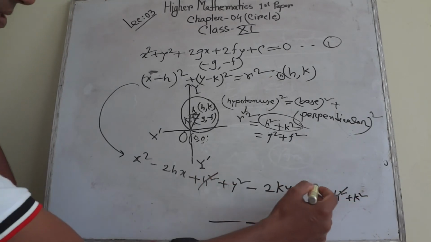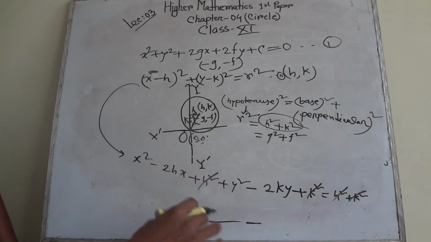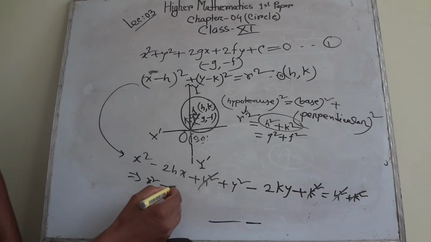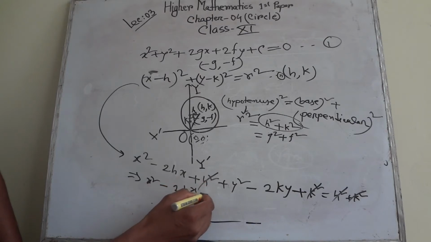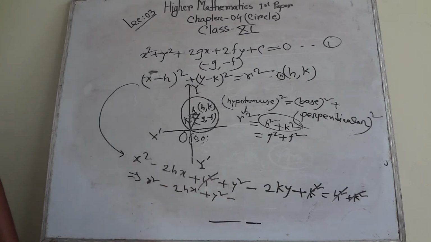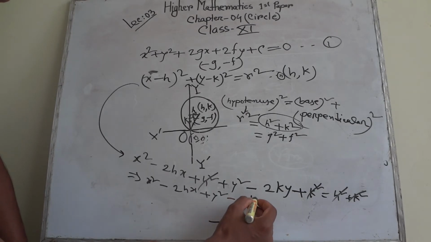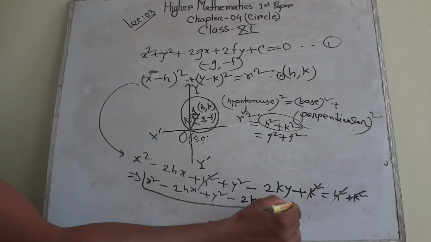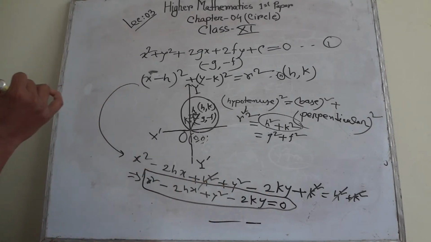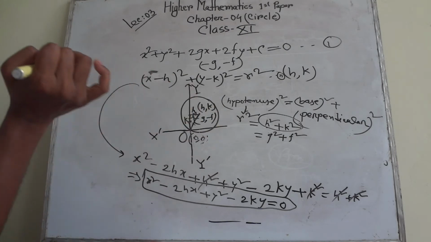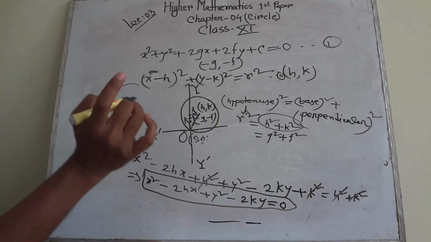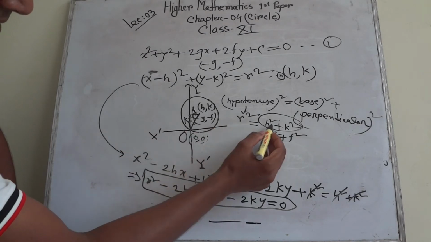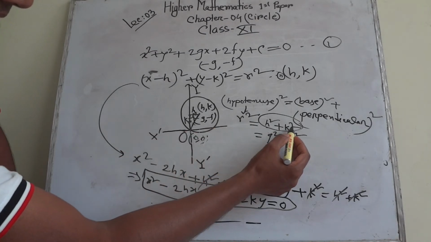So h square plus k square. This equals, we can write, x square minus 2hx plus y square minus 2ky equals 0. This is the equation of a circle that passes through the origin. Follow this, everyone. Here we will get r square equal to h square plus k square.